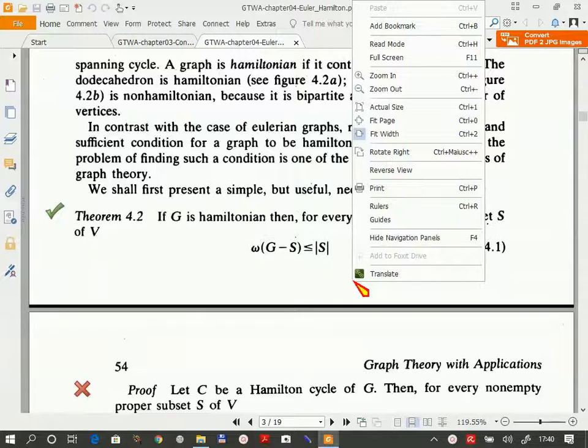Let's see why. What's the meaning of not B implies not A?